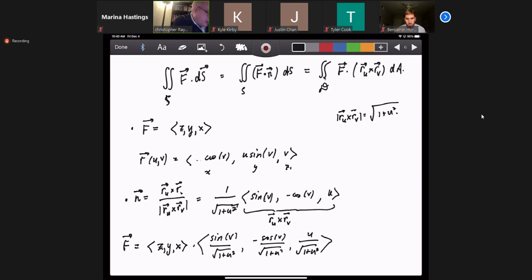All right, so there's my vector field dotted with n. All of these things are going to be over that square root of 1 plus u squared. Z is going to be given by u cosine v. So u cosine v times sine v.